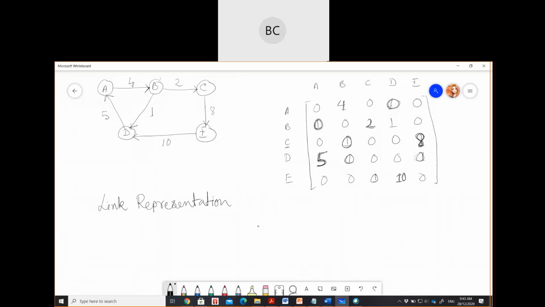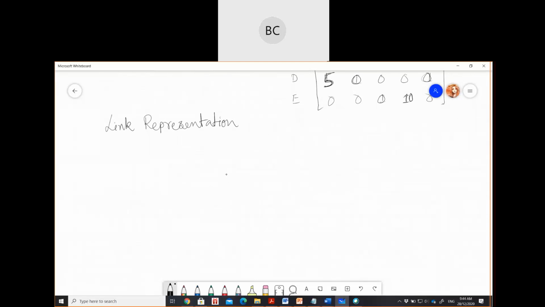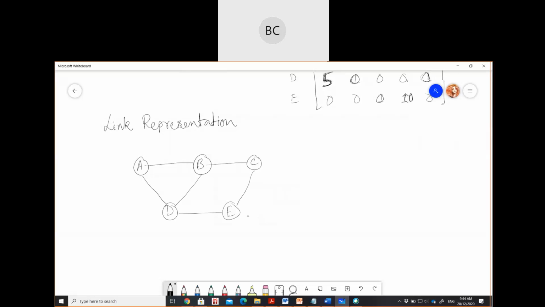Okay, first it's already directed. Now just go one by one. Okay, so this is your undirected graph.